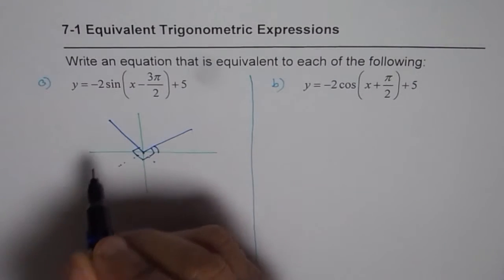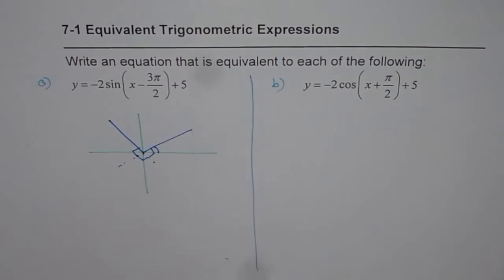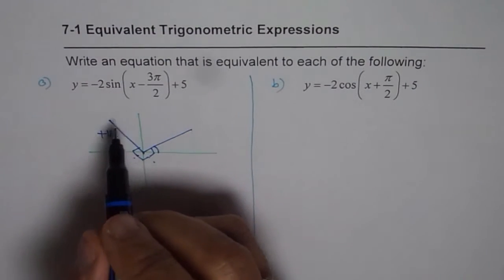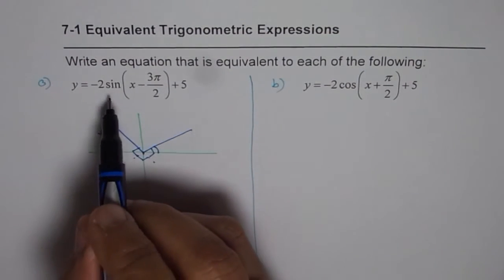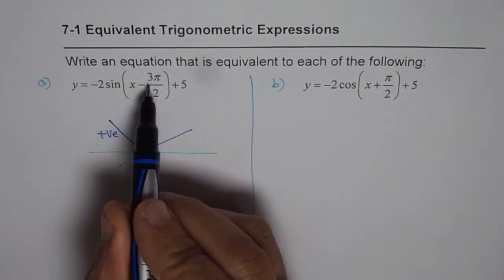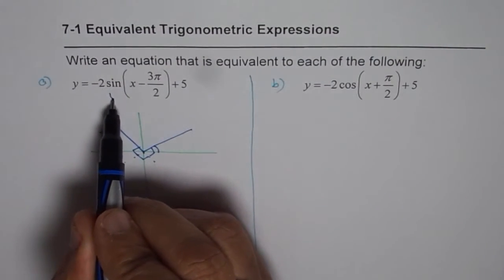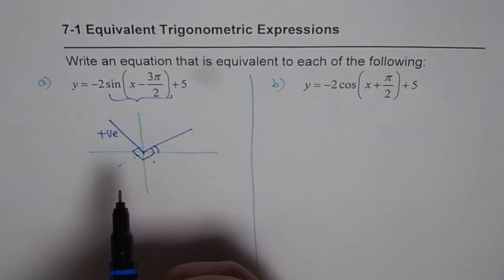If we land up in this quadrant, we know sine is positive, right? So we are expecting a positive value. Now since sine is positive, if I write this in terms of its cofunction, which is going to be cosine, this part of the expression should remain positive, correct?